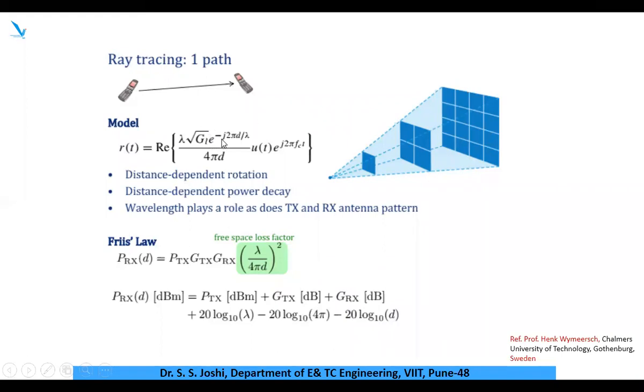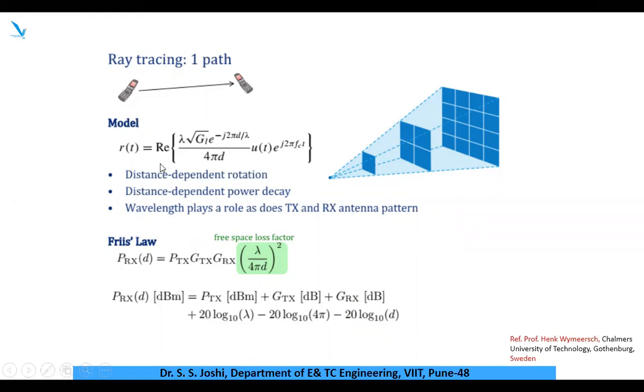So it is related to e raised to the power minus j 2 pi d by lambda. This is the phase of the signal, this is the gain of the antenna, lambda is the wavelength, d is the distance between the transmitter and receiver, fc is the carrier frequency, and u of t is the transmitted signal.